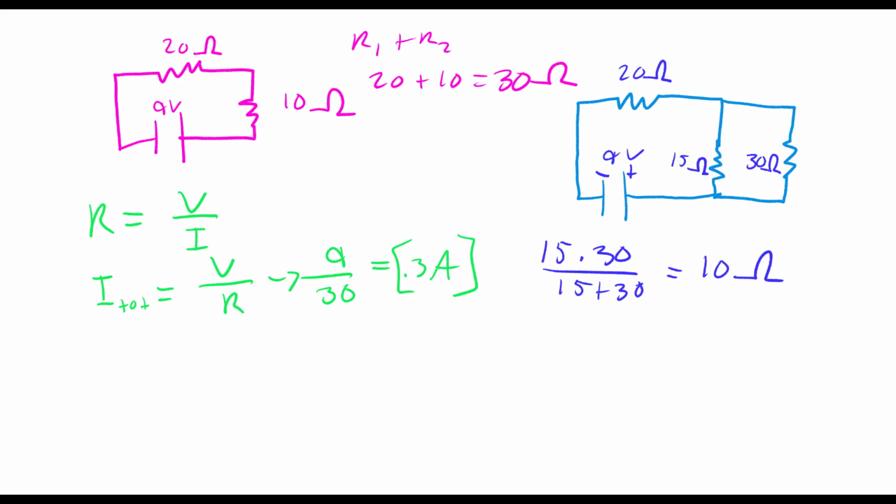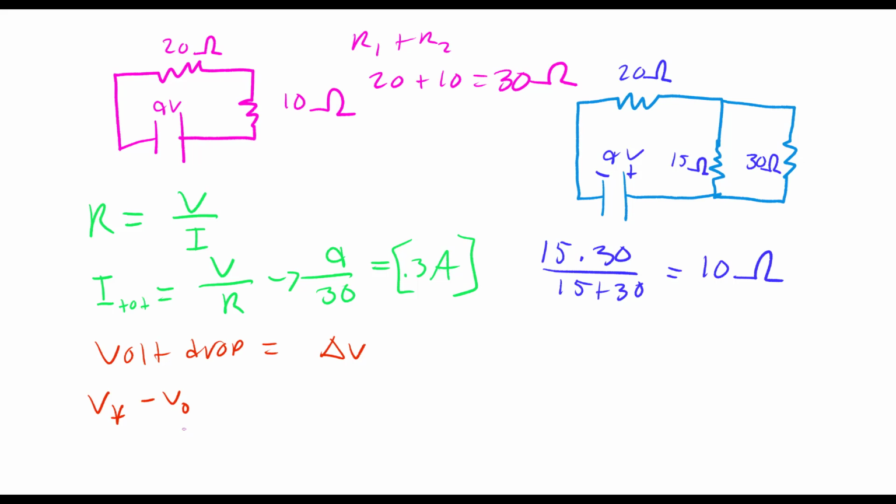Now question C asks, what is the voltage drop? A voltage drop is equal to delta V. When you have a delta, it just means that you're going to be subtracting: your final voltage minus your initial voltage. And we have to measure it through the 20 ohm resistor.